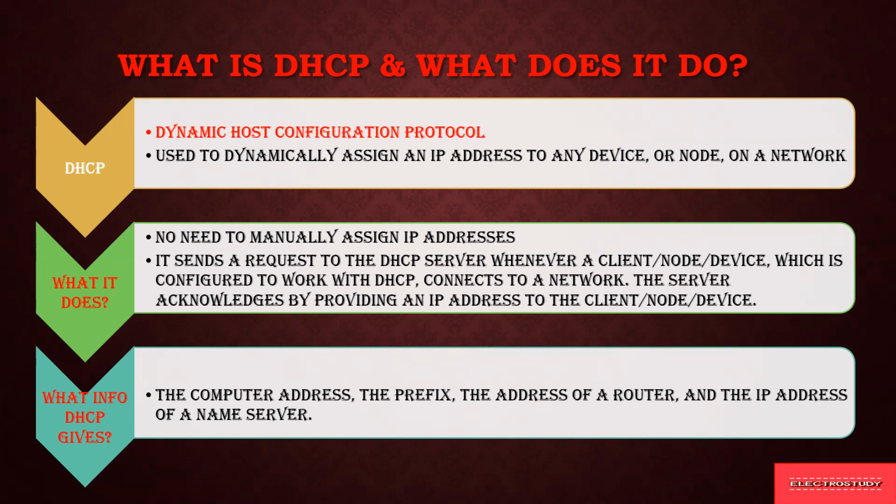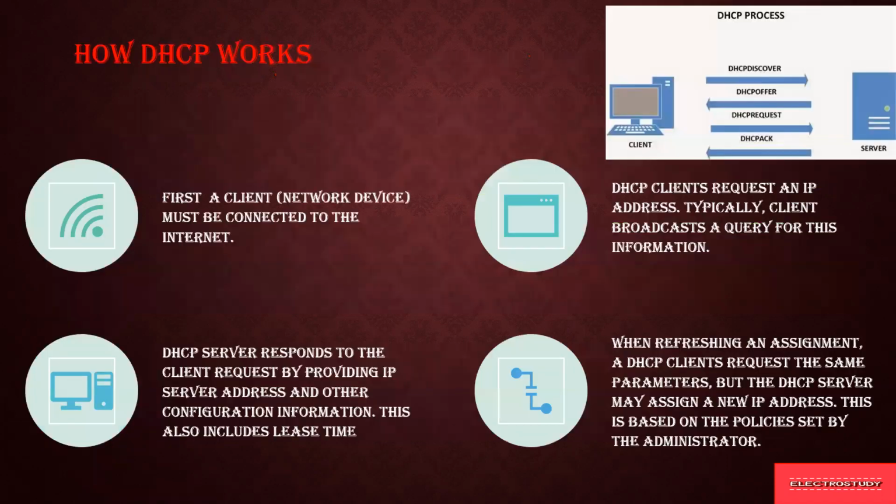When it is connected to a DHCP network, it provides the IP address of the server, then the address of the router to which it is connected, and the prefix value to find the address. And obviously the client or the device that is connected to the router, that is the computer address. All these pieces of information will be given by your DHCP, that is the Dynamic Host Configuration Protocol.